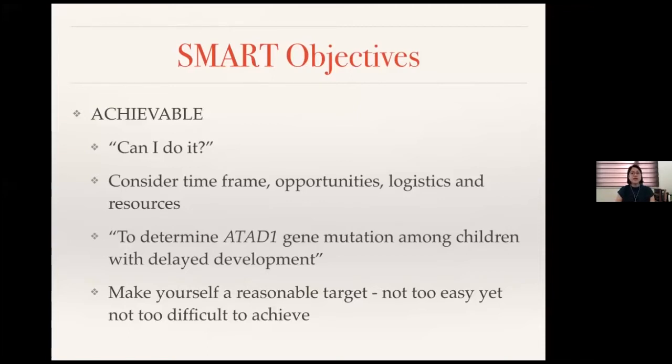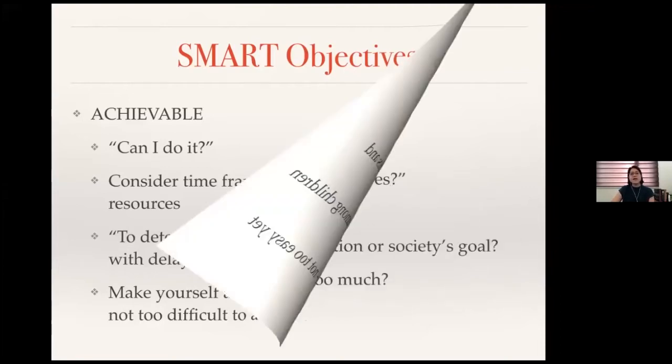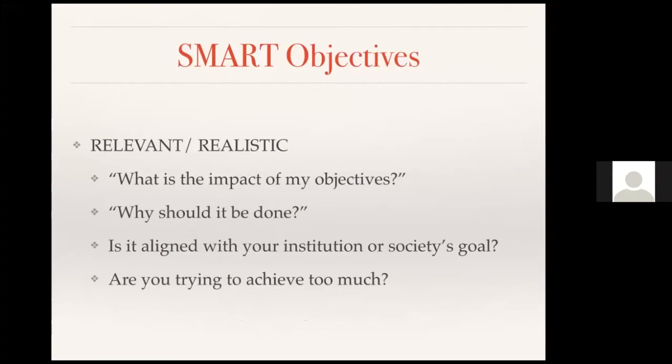Maybe you can add something like the quality of life or another outcome, maybe lessened complications from hypertension, less chances of having stroke as an outcome, then that would be a reasonable target for you. So again, with your SMART objectives, it should be specific, it should be measurable, and it should be achievable. Next, your objective has to be relevant and realistic.